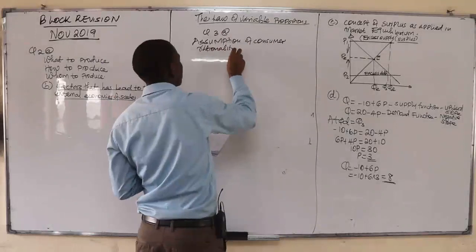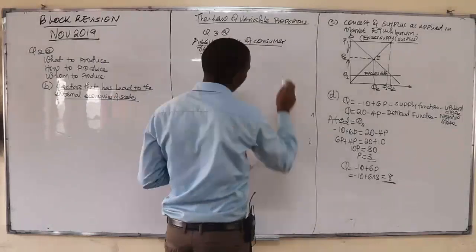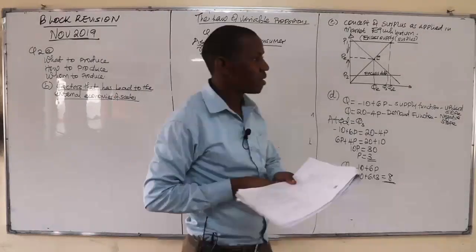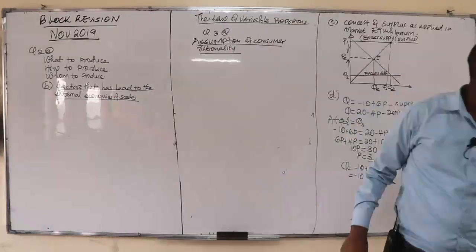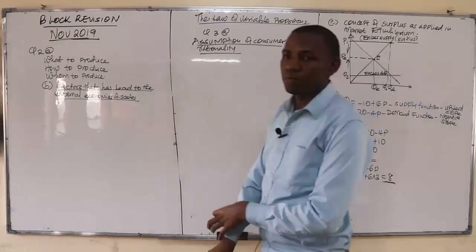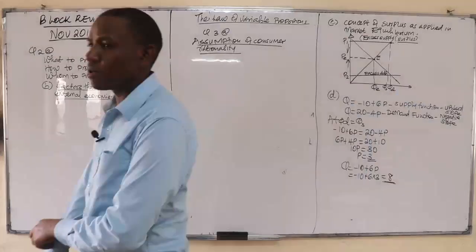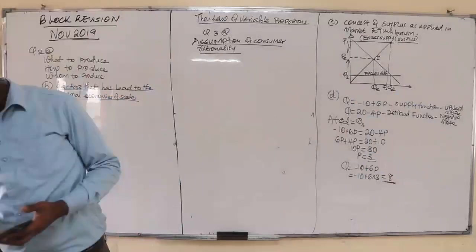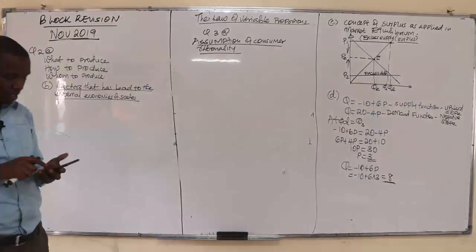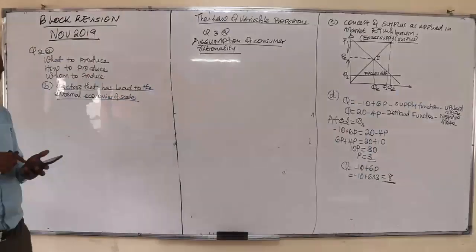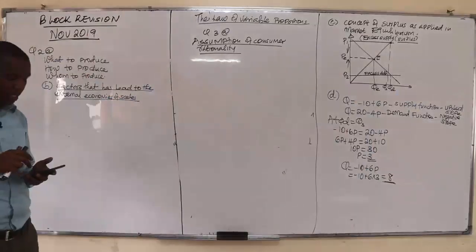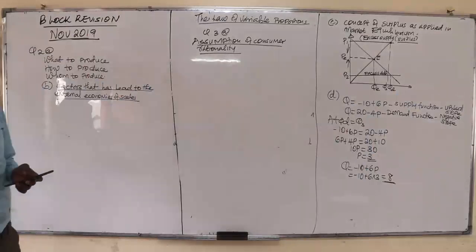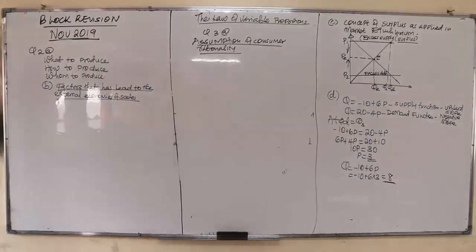What do we mean when we talk of consumer rationality? In this case, the consumer is said to be rational in the sense that he is aiming at maximizing his utility, given his income and market prices. So the assumptions of consumer rationality, number one, they are complete.